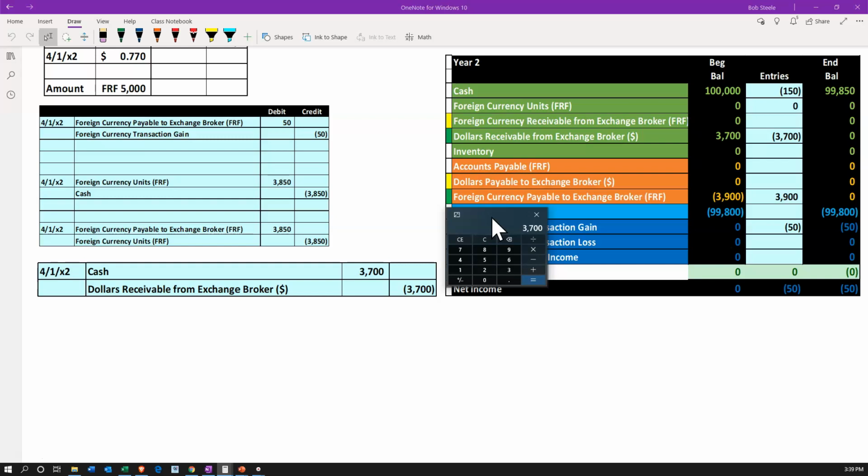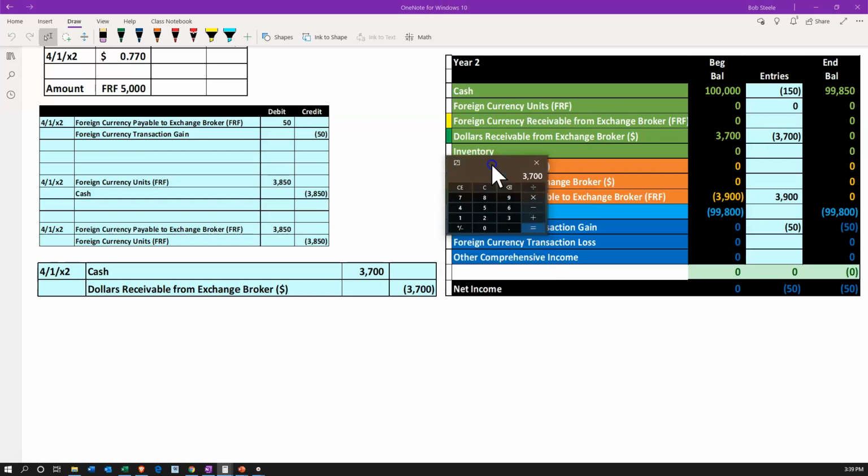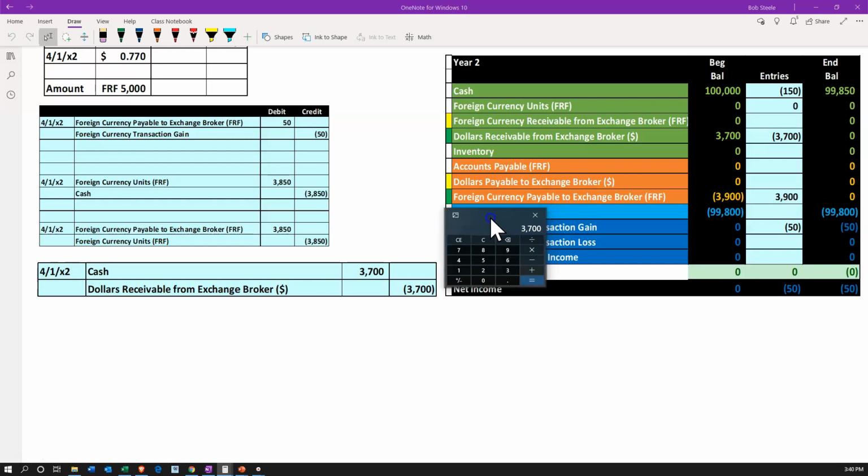You want to be paying in things that are worth less, because you're going to be receiving dollars. So you'd like the dollars to be higher than the francs that you're going to be paying. So if you're speculating in this way, you would be speculating that the francs are going to go down in value, have a decrease in the value.